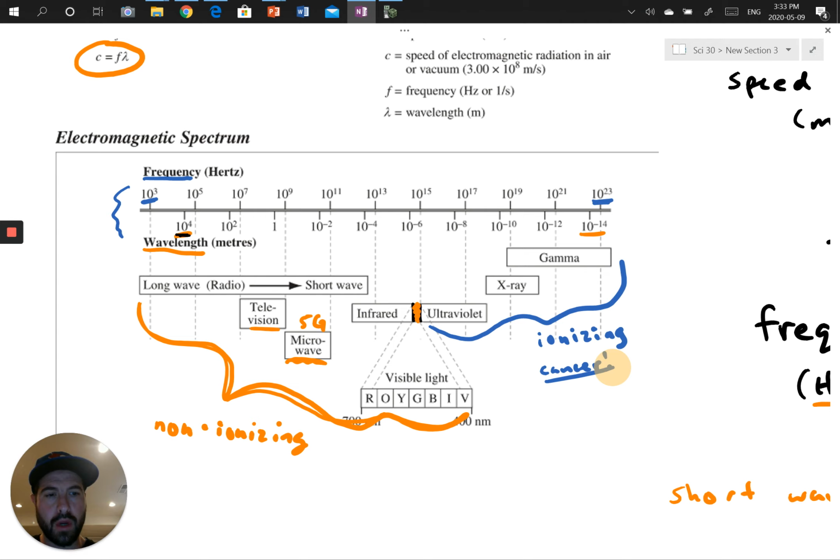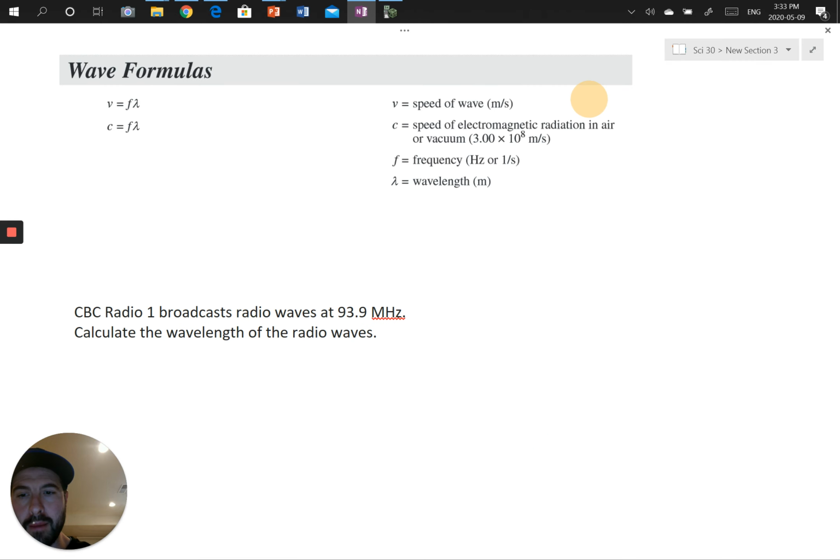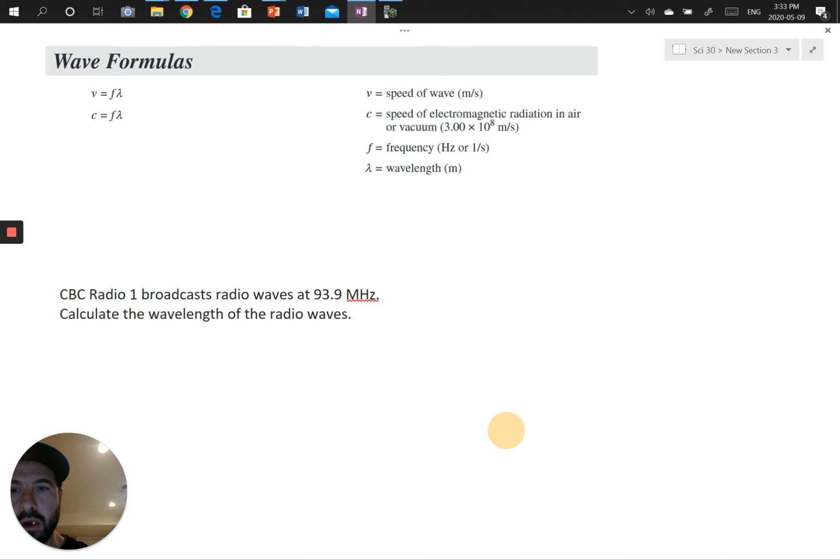That's the rough of that. So now let's look at the calculation. Looking at my wave formula, let's look at this problem. CBC radio broadcasts radio waves at 93.9 megahertz.